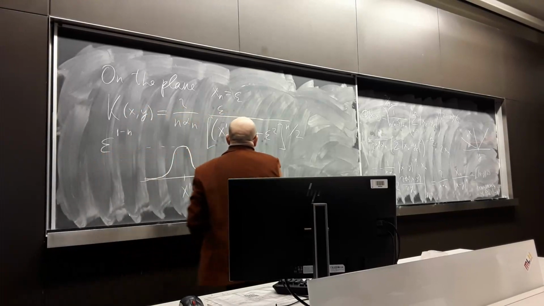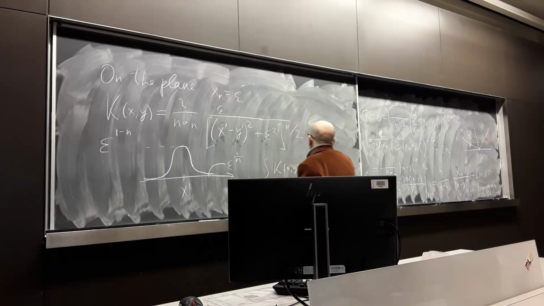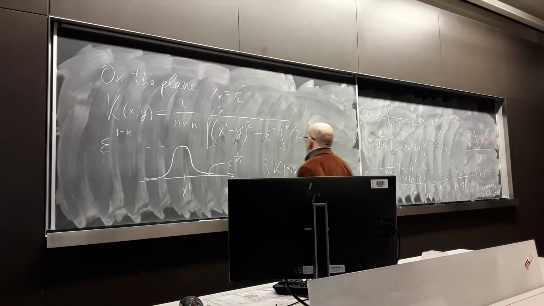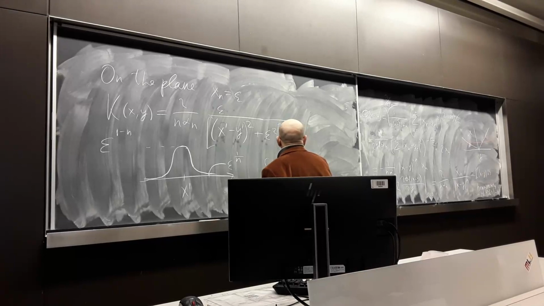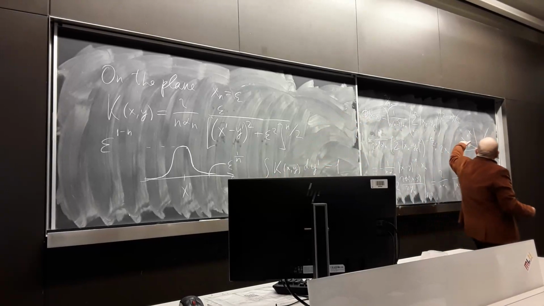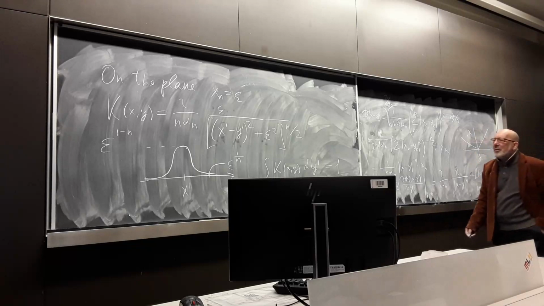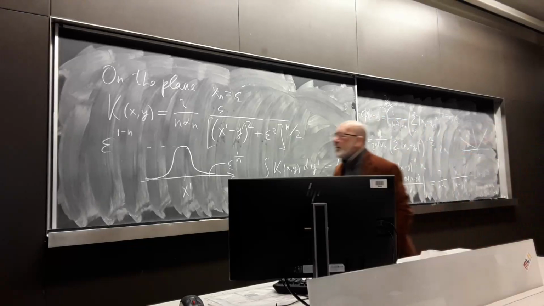And the integral of K(x,y) dy' is 1. So if you integrate it along this plane x_n equals epsilon, for any epsilon, it is 1. This integral, no, just look yourself and you will see it.